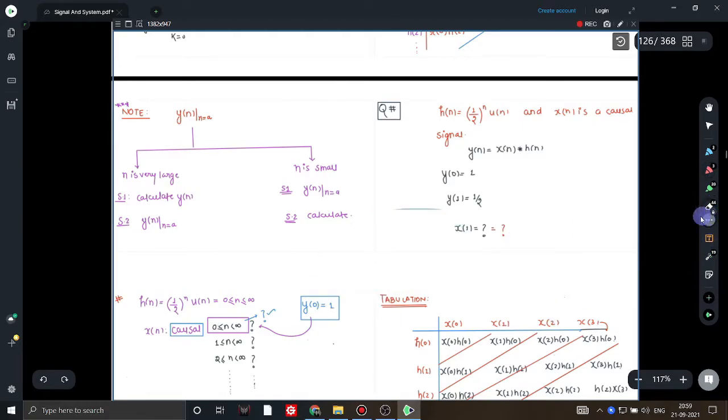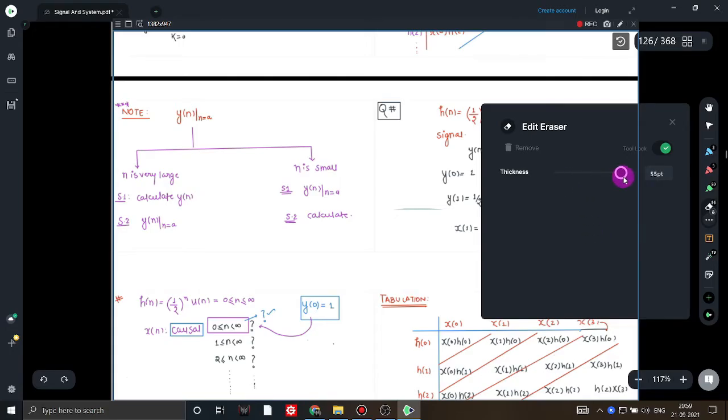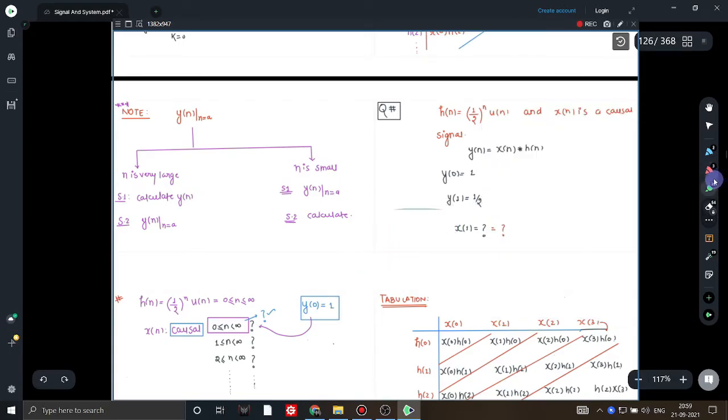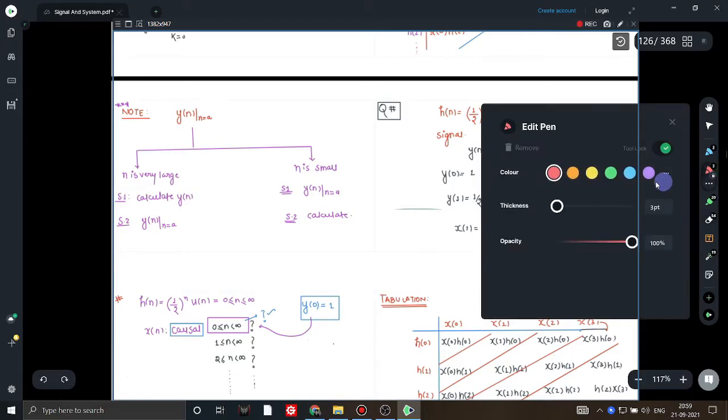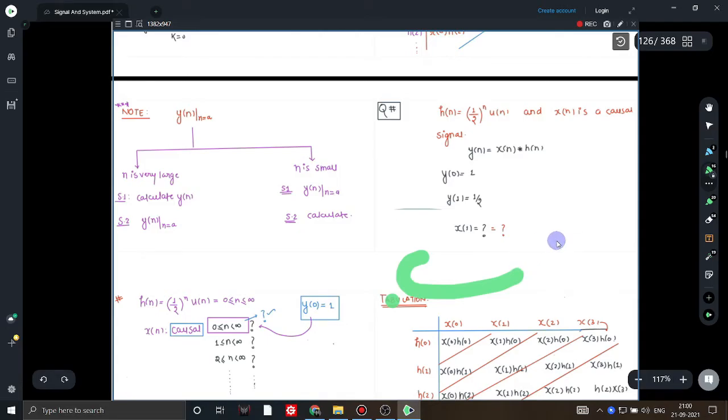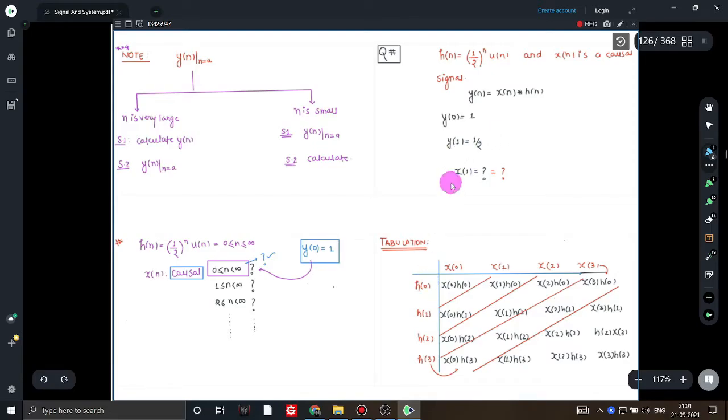Okay, so now moving to the question. The question is asking for x at 1, so we make the table till x1.